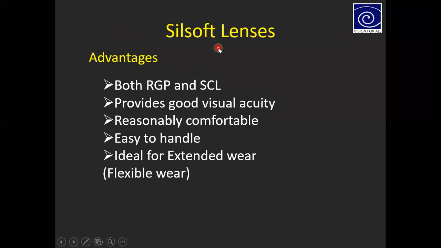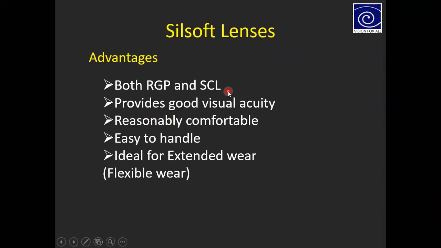Still, the soft lens advantage is that since Dk is very high, it has both RGB, and since it is a soft lens, it has the comfort of soft lenses. It provides good visual acuity. Since it is made from silicone hydrogel, it is a little stiffer and harder in nature than normal soft lenses.